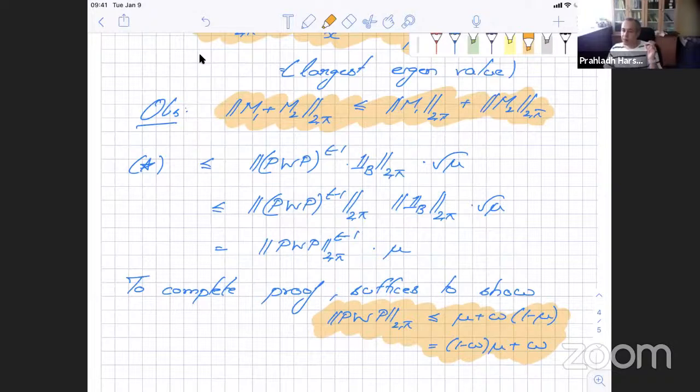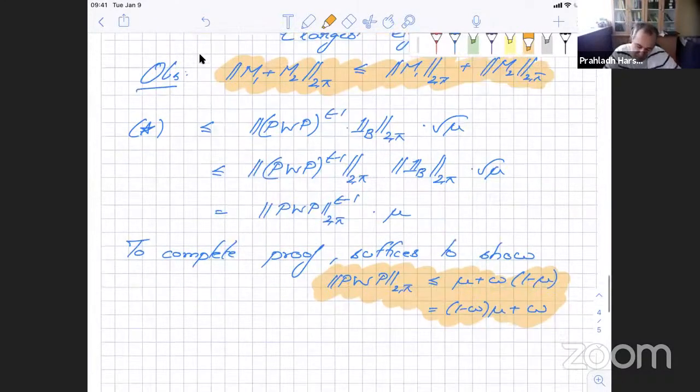Let's do a warm-up. Say W were not the Markov random walk matrix, but one in which each vertex was picked independently according to pi. In that case, we can actually prove this is at most mu. Then we will show how to modify that proof to get the full random walk matrix.